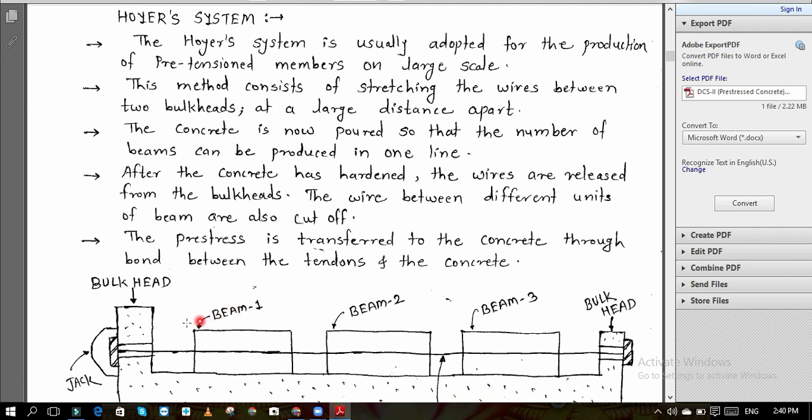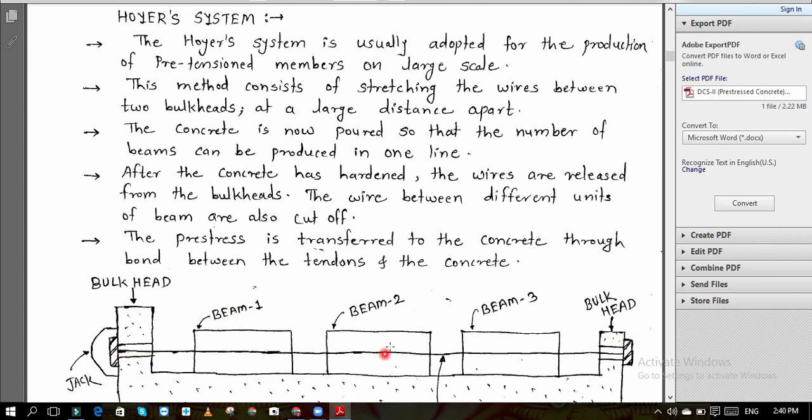So पहले जब ये bulkhead को tie कर दिए जाएंगे, at that time the jack assembly, which is attached to one of the bulkheads, is used to apply the pre-stress, the tensile force, to this tendon. Then this tensile force gets developed in the tendon.